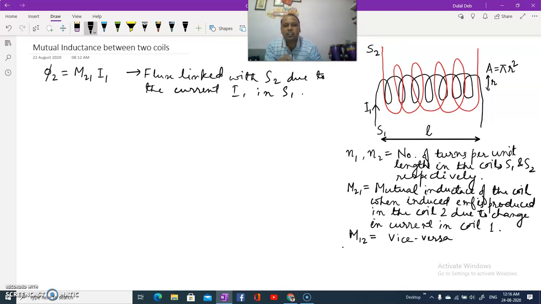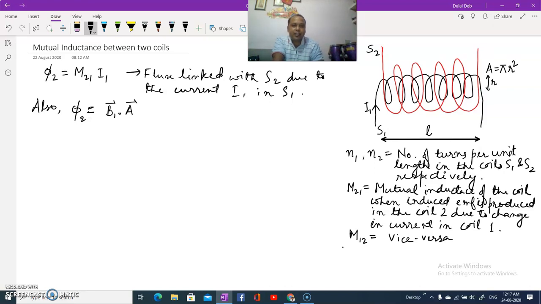Now there is another way of calculating the value of flux. The flux phi 2 linked with the second coil can also be given by the general formula for flux, B dot A. The magnetic field in the second coil will be due to the current in the first coil, so it is B1.